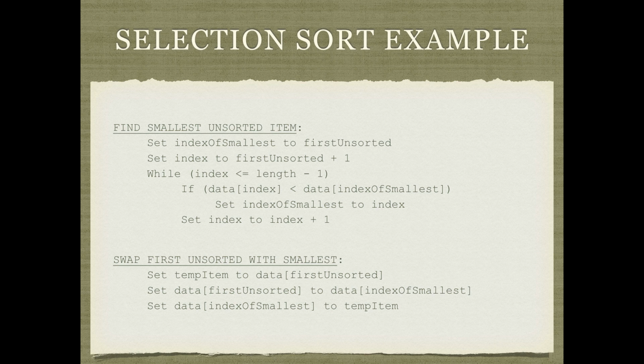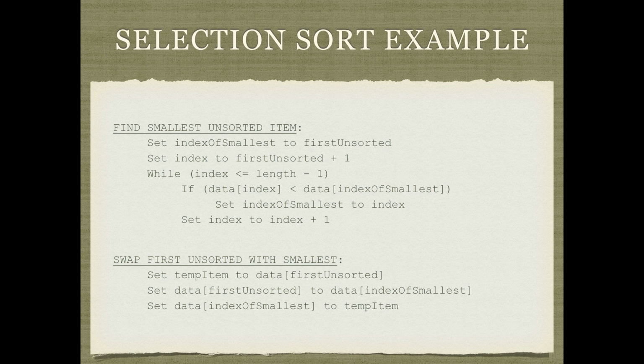So assuming that index of smallest now points to the current smallest value in the array, we can swap the first unsorted with the smallest. So if first unsorted equals 0, and the index at which you found the smallest item is 3, then we swap the data in index 0 with the data in index 3.